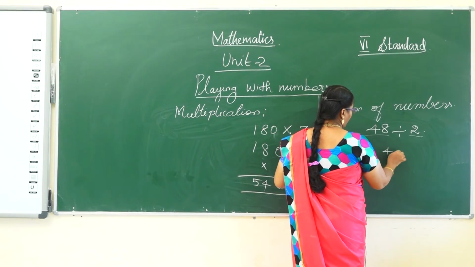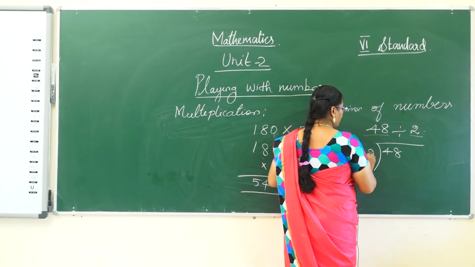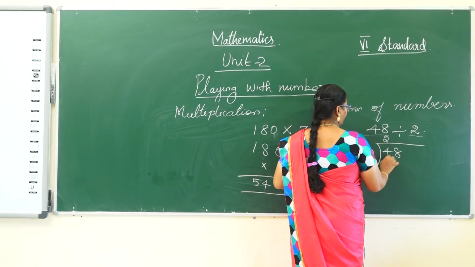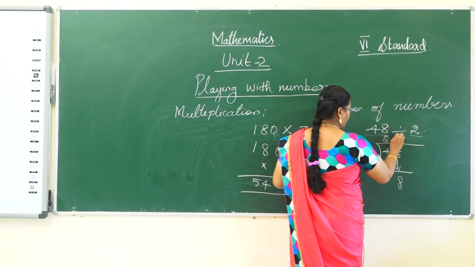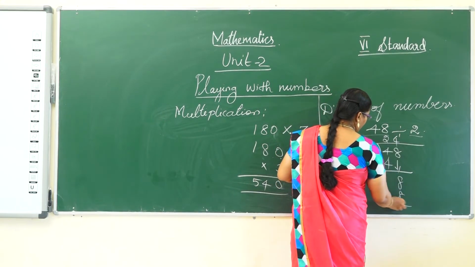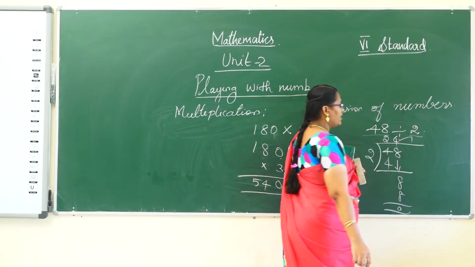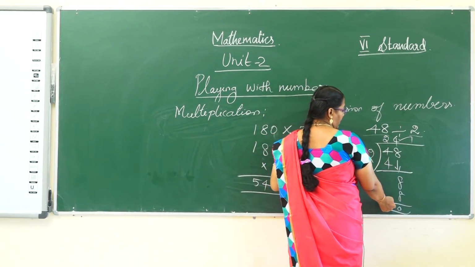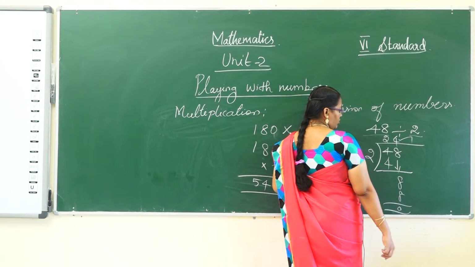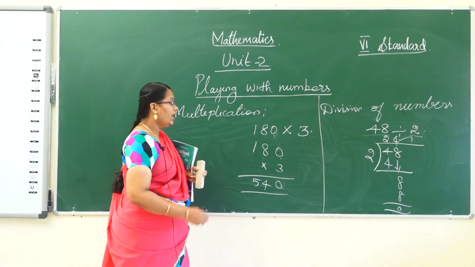Using the long division method, 2 twos are 4. Next bring down 8, 2 fours are 8. The remainder is 0. The quotient is 24, the remainder is 0, the dividend is 48, and the divisor is 2.